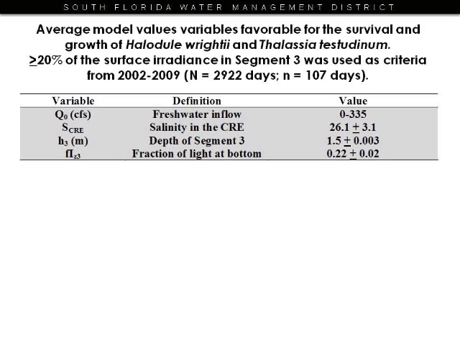So you can see freshwater inflow. We only had 107 days out of 2,922 days where light at the bottom of segment 3 was greater than 20%. So inflows range from 0 to 335 CFS, salinity average 26, depth was about 1.5 meters, and we had 22% of the surface area at the bottom.